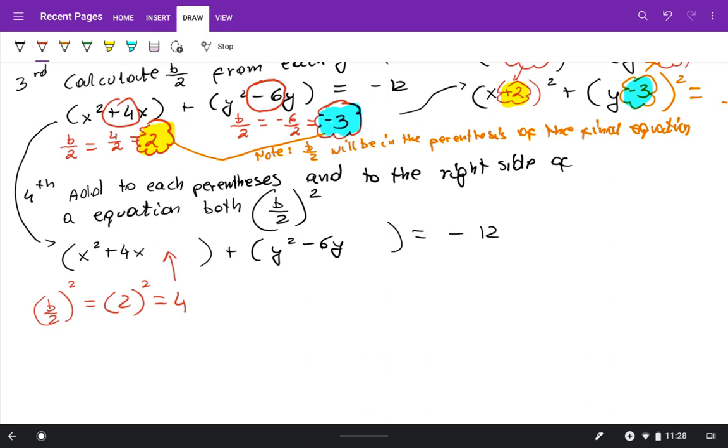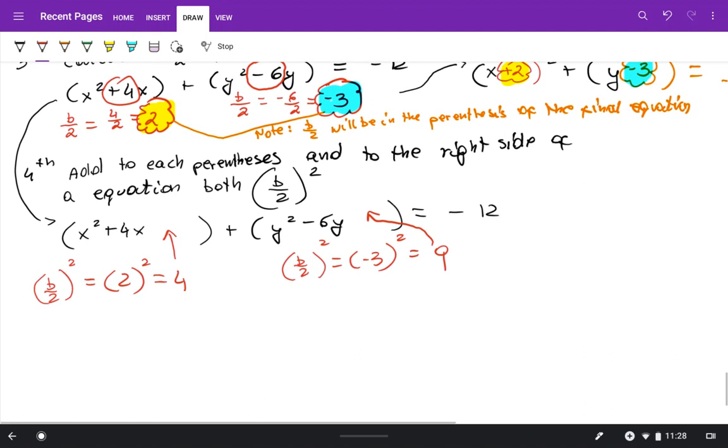Now from the second group, your b over 2 was equal to negative 3. However, here we talk about b over 2 squared. So when you square negative 3, you end up with 9. So we're going to add 9 to the second parenthesis. So again, 4 added, 9 added to the second group.